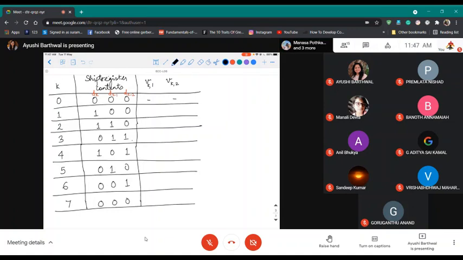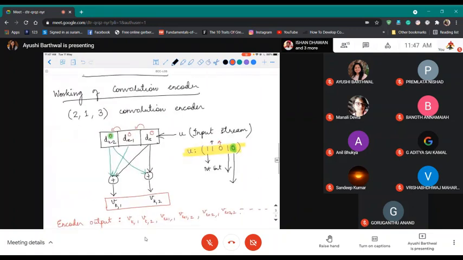So the output would be 1 when the number of ones is odd. So here 1, 1, there are 2 ones, so output will be 0. 2 ones, output would be 0. 2 ones, output would be 0. 1, 1, 1, output would be 1, 1, and 0.